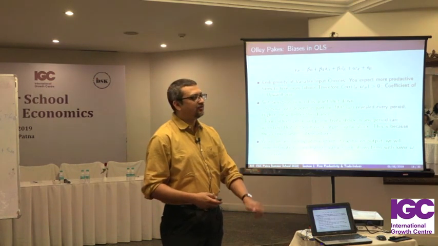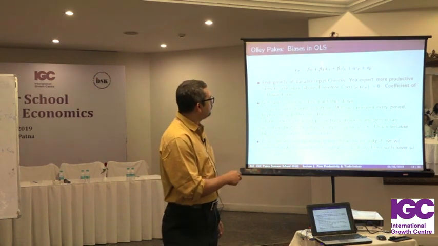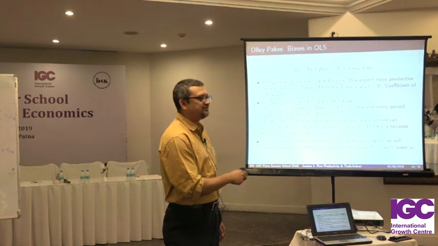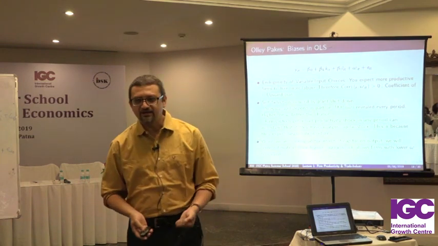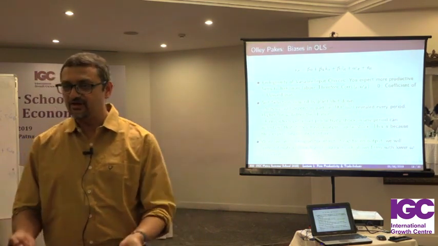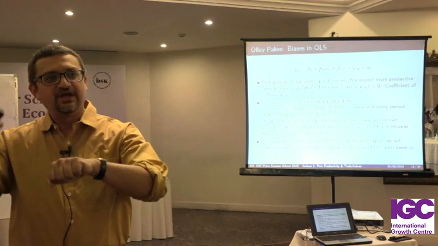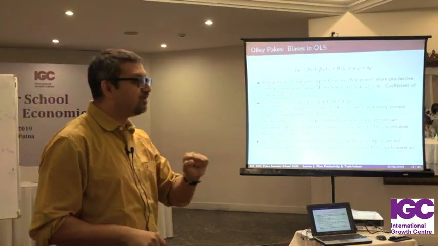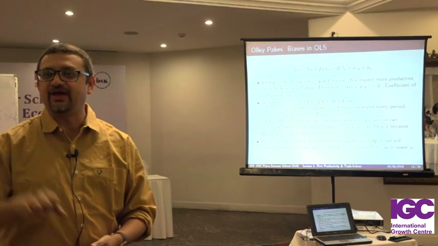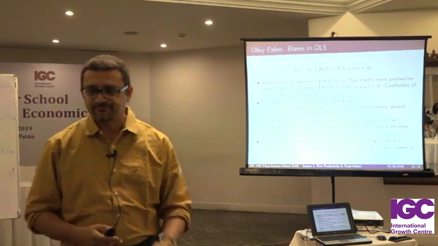So, that means that K goes up while omega at the same time goes down. And so basically you will tend to underestimate, because they are not moving positively together, they are moving in the opposite direction. So, the coefficient on K will tend to be lower than it truly is if I held omega constant.